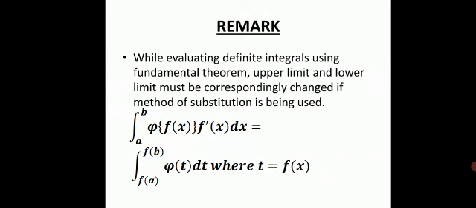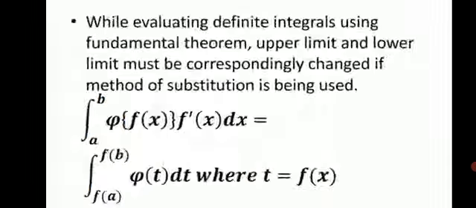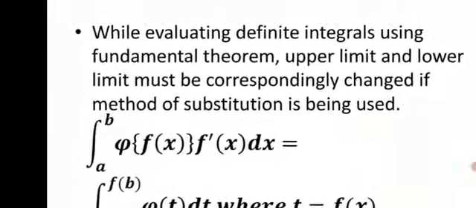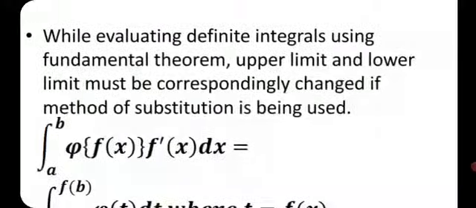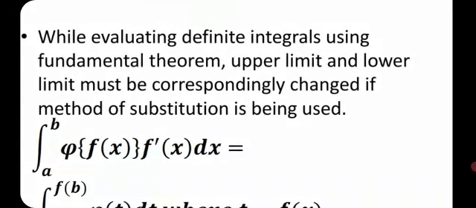Suppose you are evaluating a question on definite integral using the fundamental theorem, and suppose we are given the function along with its derivative. For example, we notice the integral from a to b of phi of f(x) times f'(x) dx, meaning for f(x) the derivative f'(x) dx is also present in the question, and phi is another function.